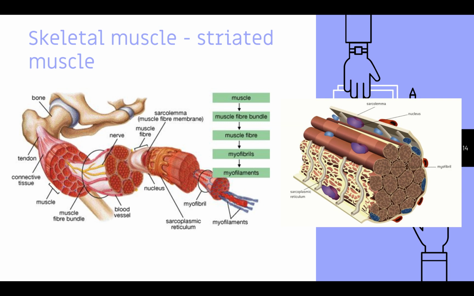The muscle fiber is made up of myofibrils. The myofibrils are made up of myofilaments. So these three levels, please note. Myofilaments together make up myofibril. All of the myofibrils together make up muscle fiber. In your notebook: muscle fiber, arrow, myofibril, arrow, myofilaments.